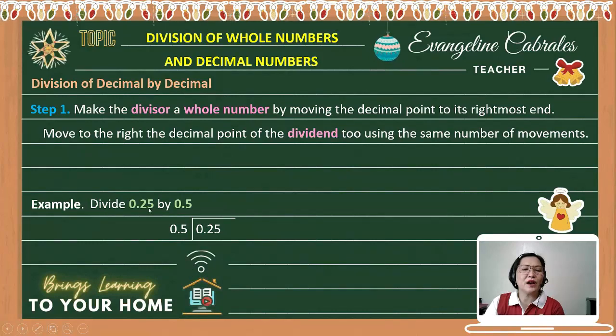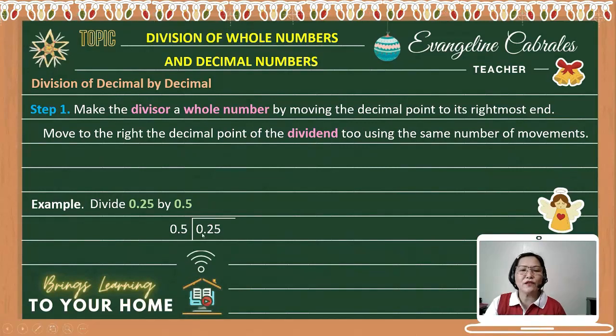Well, let's have an example. Divide 25 hundredths by 5 tenths. So, yung 25 hundredths ang dividend at yung 5 tenths ang divisor. Ayan. Gaya ng sinabi ko, pareho ng may decimal point sa divisor at saka sa dividend. So, unahin ang pag-usod to the rightmost ng 5 tenths. Kaya siya ay magiging 5.